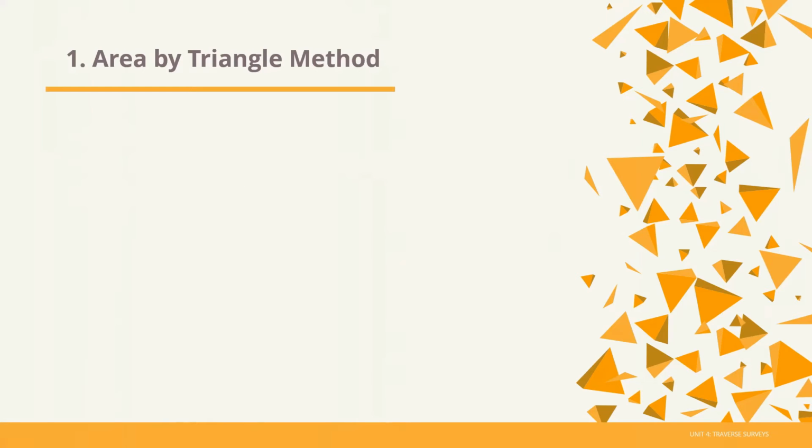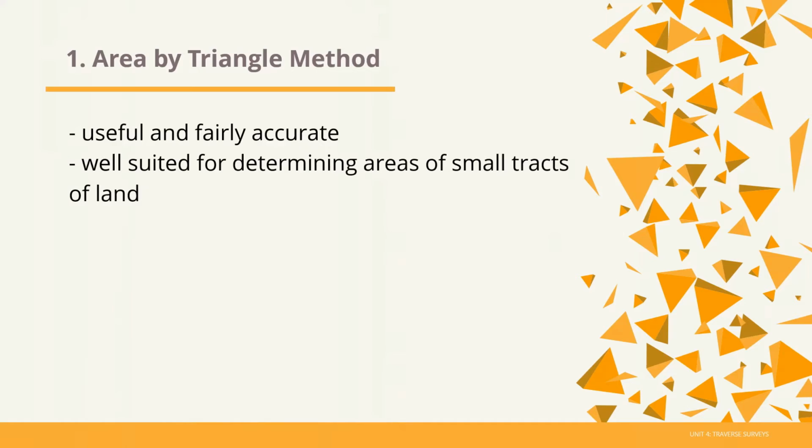First, here's the area by triangle method. The triangle method is a useful and fairly accurate method of computing the area of traverses that have only few sides. This method is well suited for determining the area of small tracts of land and was popularly used before the engineer's transit was invented.